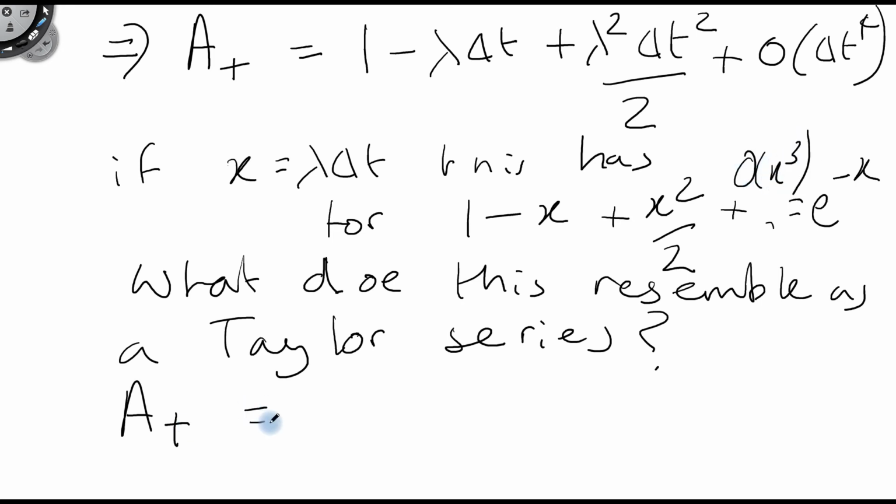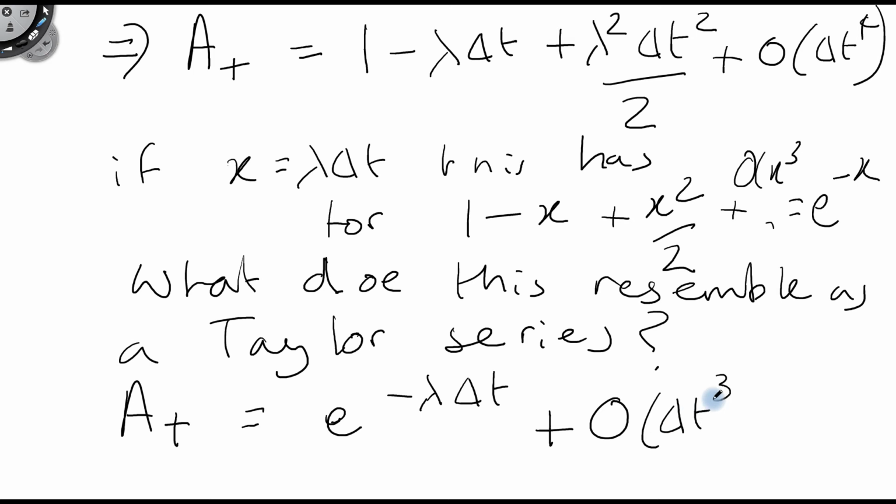So a plus equals 1 minus lambda delta t plus, this bit here can be substituted for e to the minus lambda delta t, okay, x is lambda delta t, plus order delta t cubed plus order delta t4. I'm going to keep that in and show you what to do.